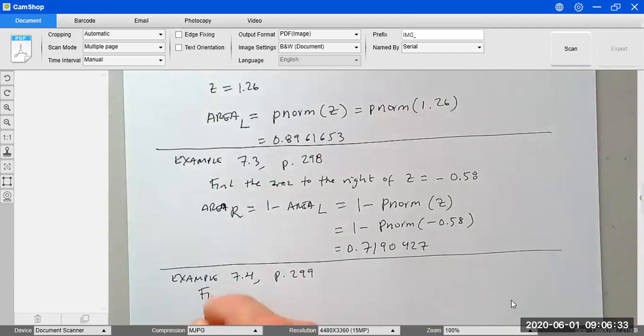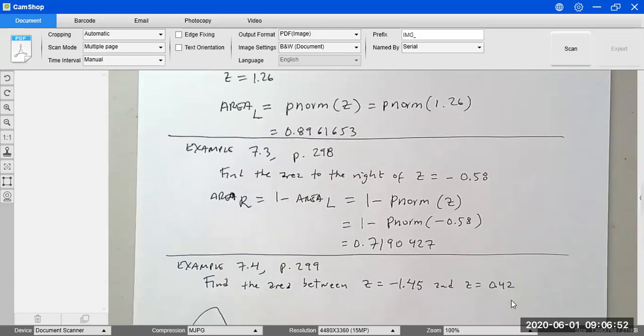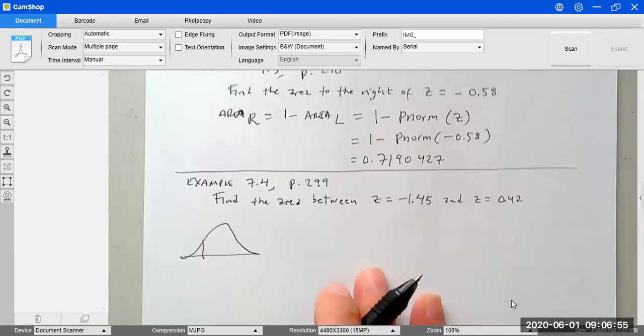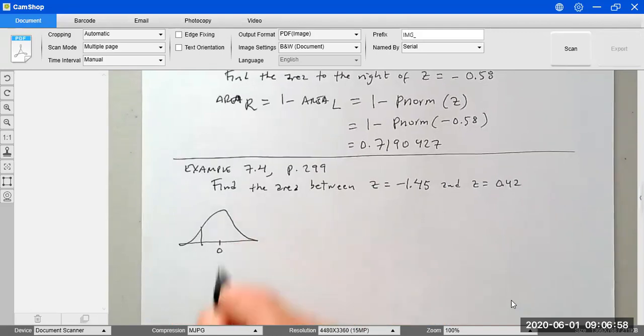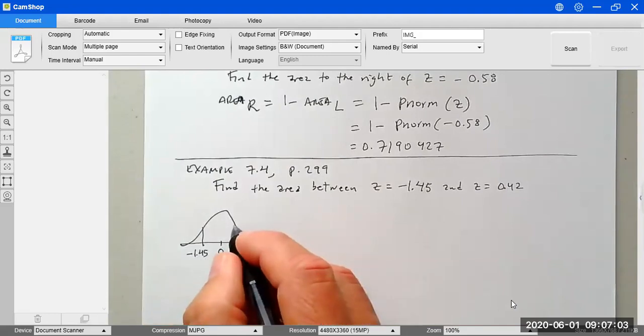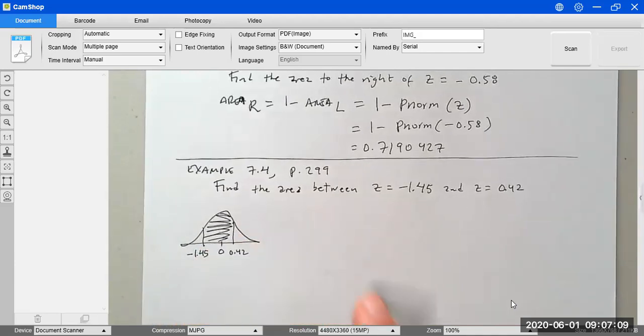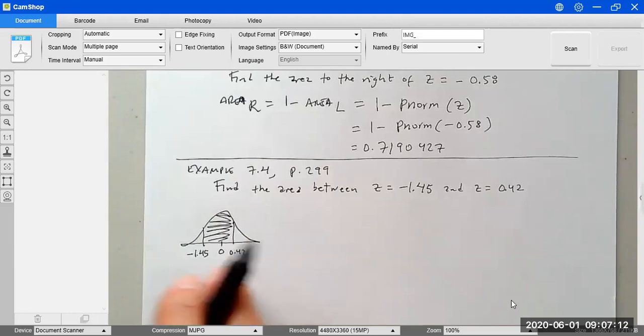So we're going to find the area between z equals negative 1.45 and z equals 0.42. If you have a curve, the standard normal is always 0 here, then you have negative 1.45 here, and then you have something like 0.42 here. So we want to know this area. Now we have an upper z and a lower z.